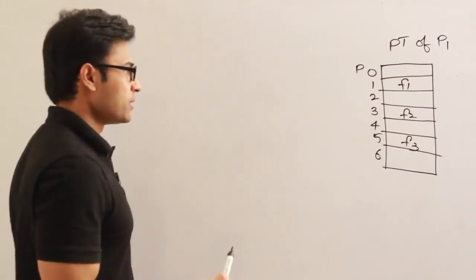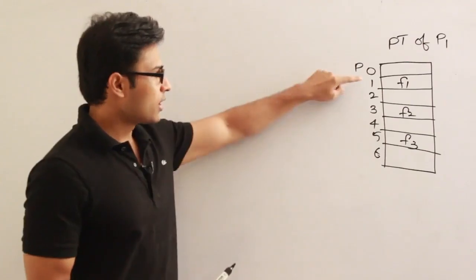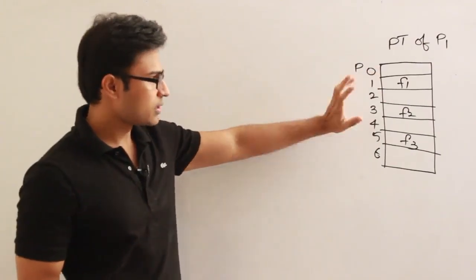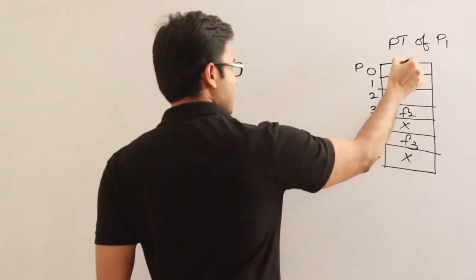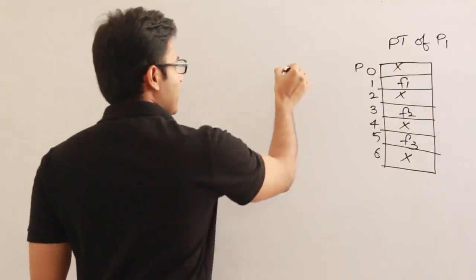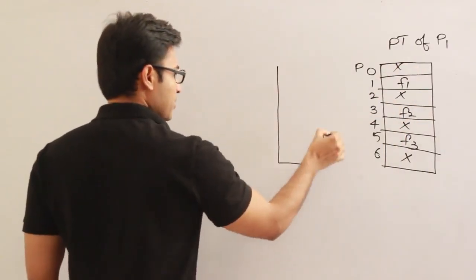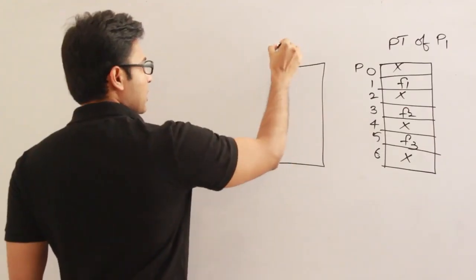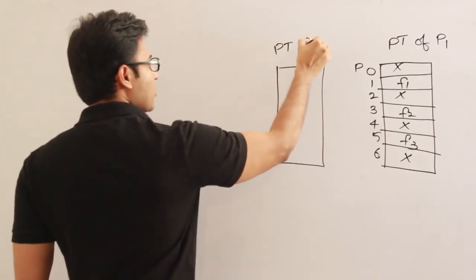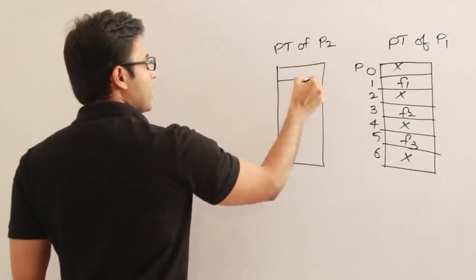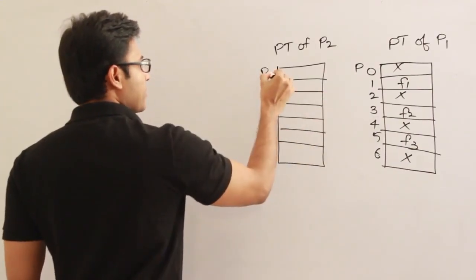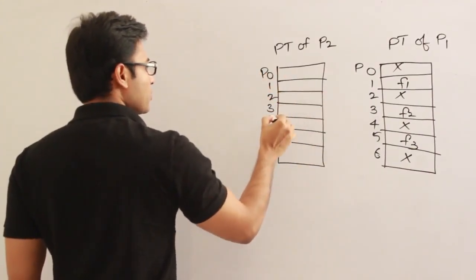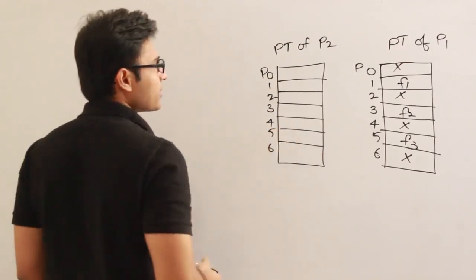The page table of process P1 is containing these; these pages of process P1 are present in these frames, and all the remaining are not yet present. They are all absent. And similarly, you might have one more page table of some other process which is running in your system. Let us say this is the page table of process P2, and again it will contain many pages like page number 0, 1, 2, 3, 4, 5, 6, something like this, right?